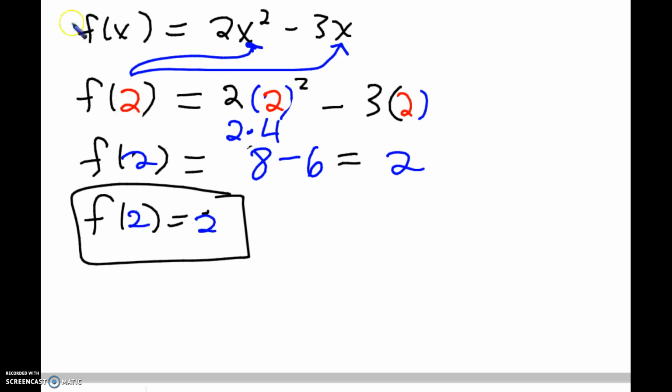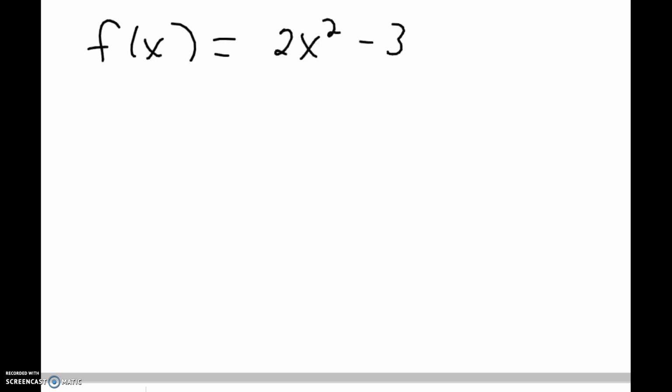Let's do one more. I will clear the board this time. Our function was f of x equals, was it 2x squared minus 3x? And let's find f of -1. We are going to replace each one of the x's with a -1.